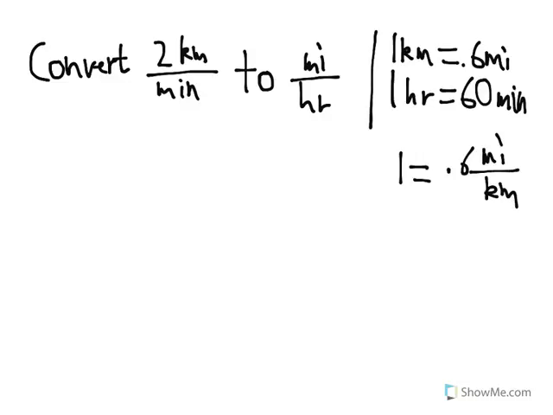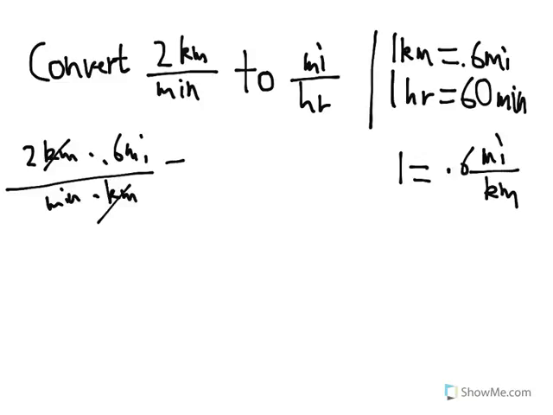Multiplying this by our 2 kilometers per minute, we get 2 kilometers times 0.6 miles over minutes times kilometers. And in this case, the kilometers cancel, leaving us 1.2 miles per minute.